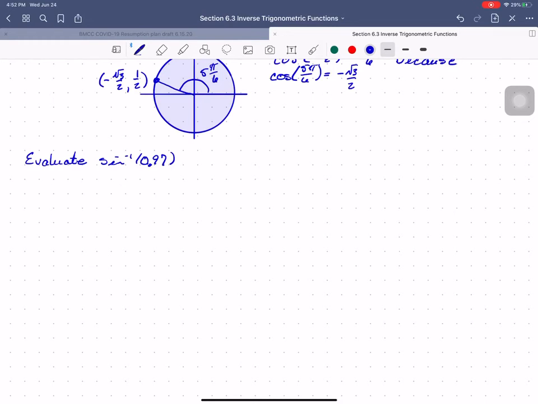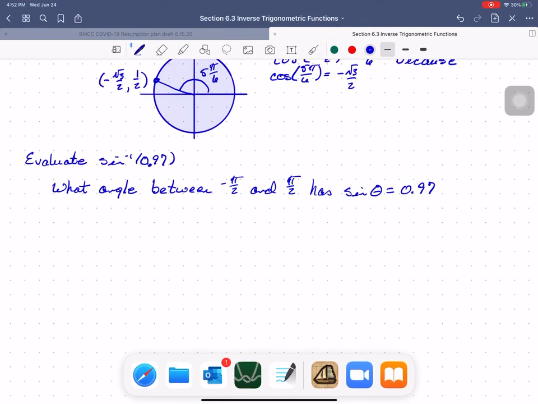We are still asking the question, what angle between negative pi over 2 and positive pi over 2 has sine equal to 0.97.